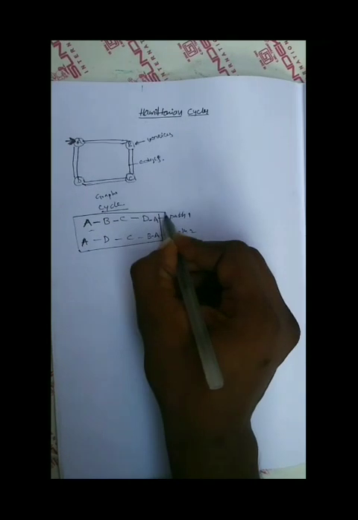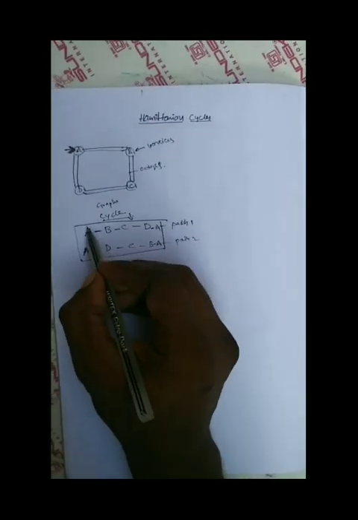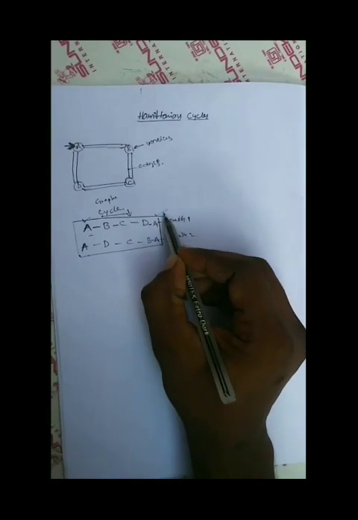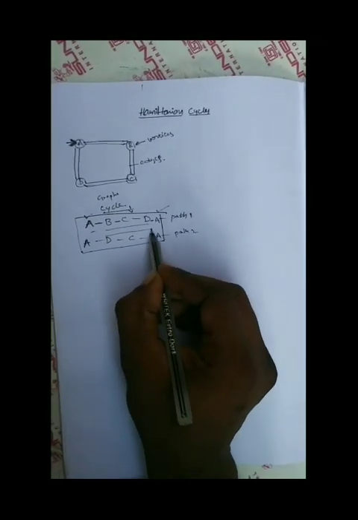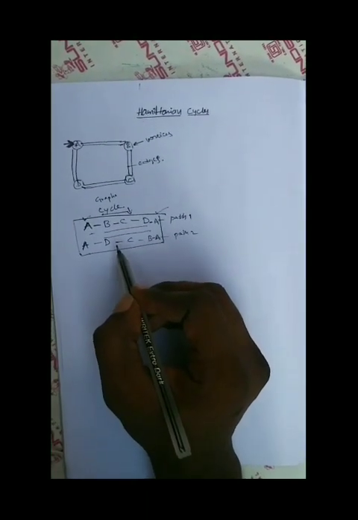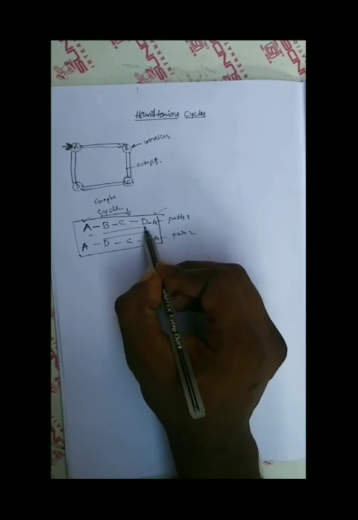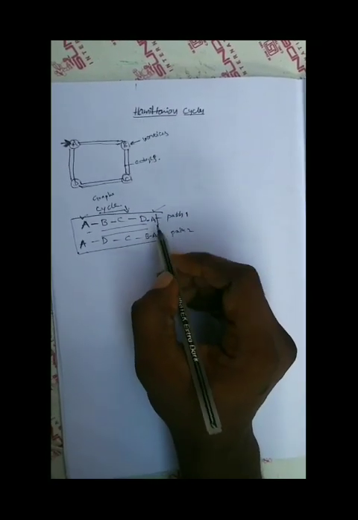So this is called a cycle. From the starting point to the same point, we are intermediately touching all the remaining vertices in the graph. So this is forming a cycle or closed loop.